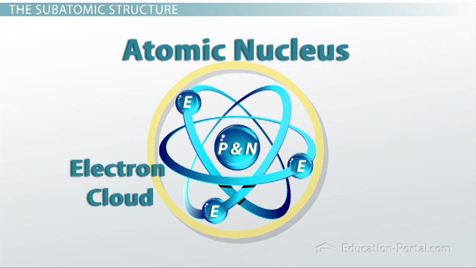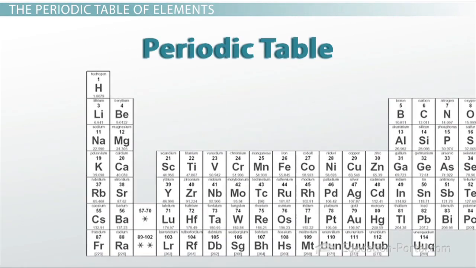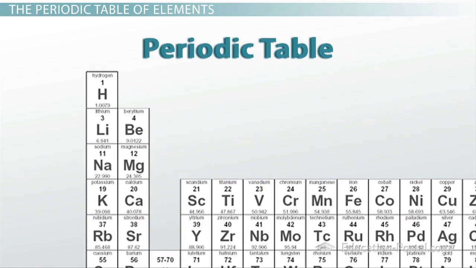Something that chemists use quite a bit to summarize all of the atomic elements and their properties is something called the periodic table. You can see here in the periodic table that the elements are listed with the full name, the abbreviation, as well as the atomic number. It also has a listing for the atomic mass.